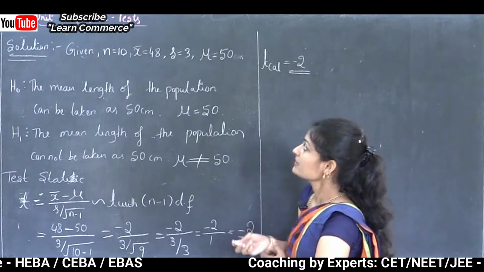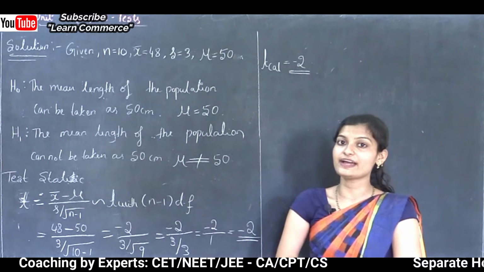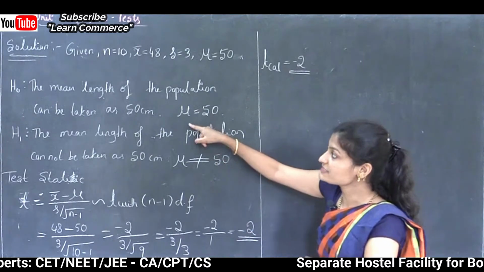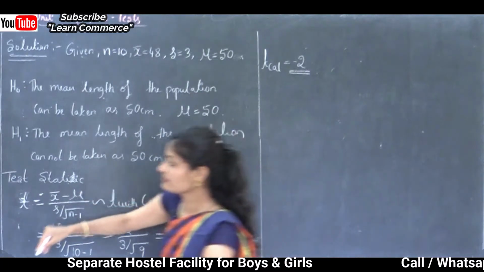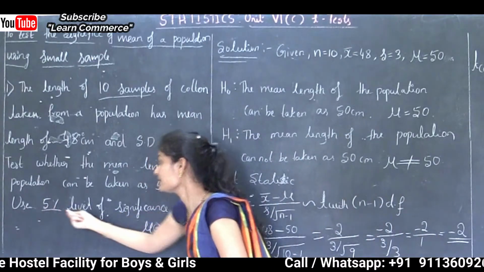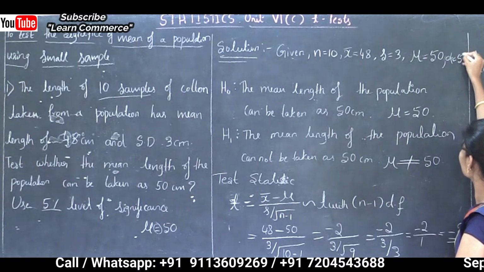Step 4 is, depending on the alternative hypothesis and level of significance, we can find the critical value. Here the level of significance they have given is 5%. The level of significance is denoted by alpha, and that value is 5%.